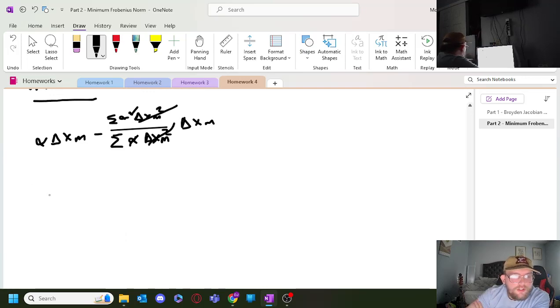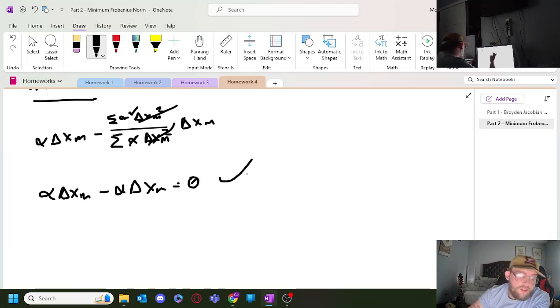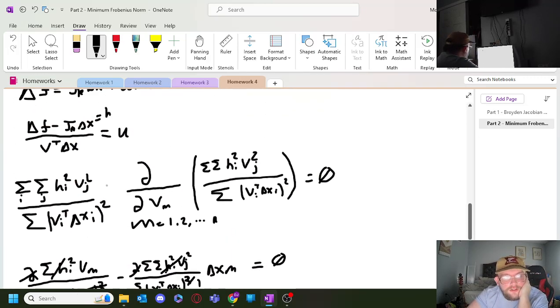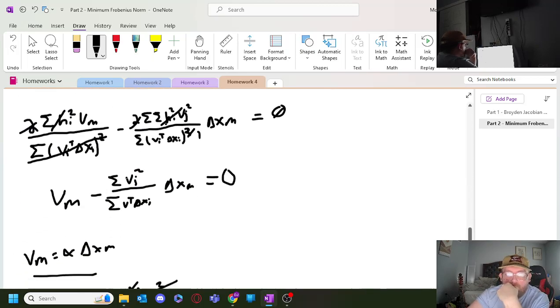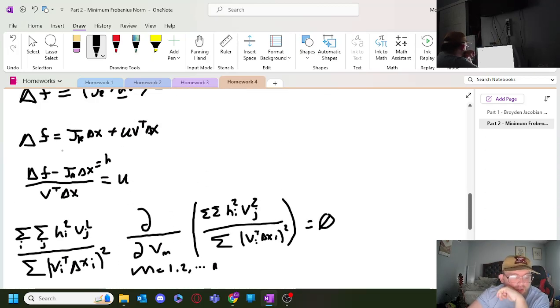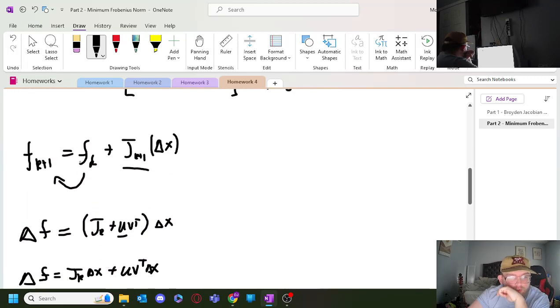So when we get down here, now I have alpha delta xm minus alpha delta xm. And then that equals 0. So we know that this constraint is true, no matter what.